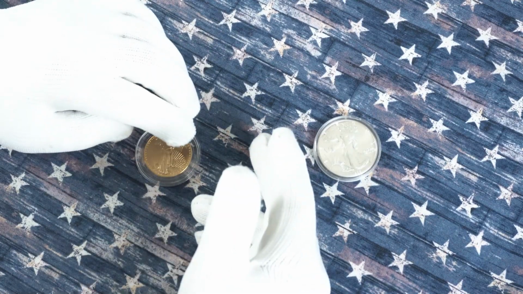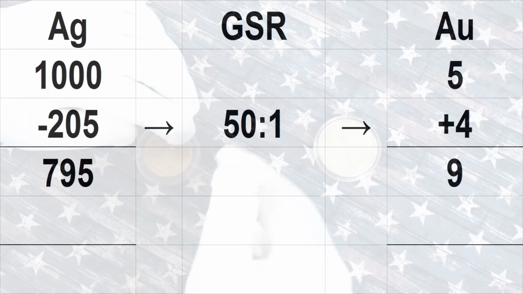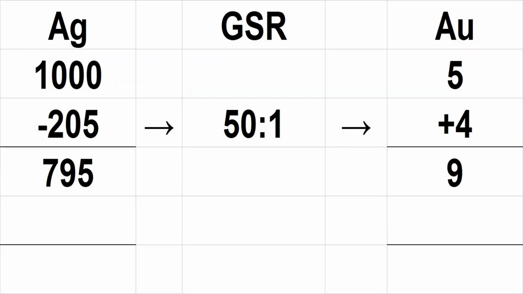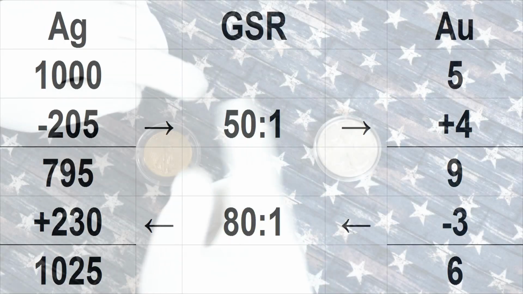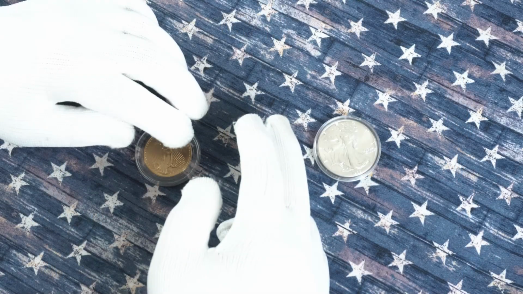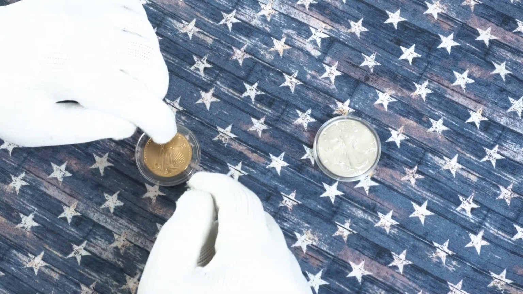So in this previous example, you may need 205 ounces of silver to get your 4 ounces of gold when the GSR is low. And when you convert back, when the GSR is high, you may only get 230 ounces of silver back because of the short or back of spot on the gold and the premium on the silver. In other words, both transactions could cost you 15 ounces of silver.